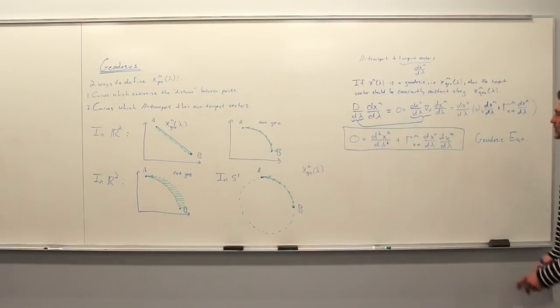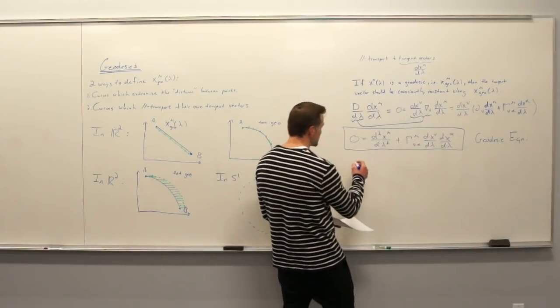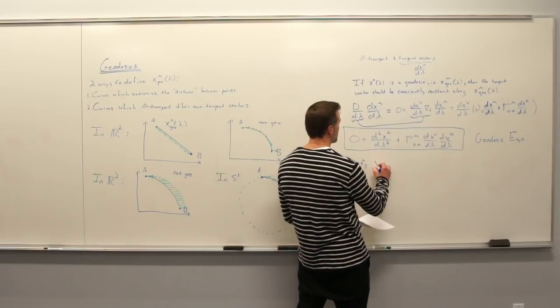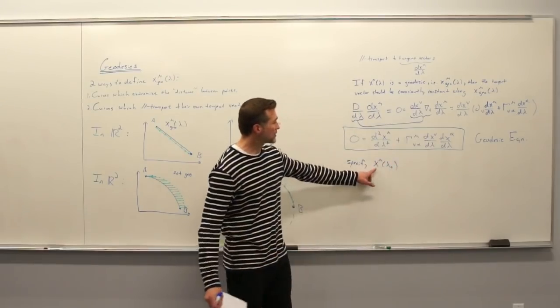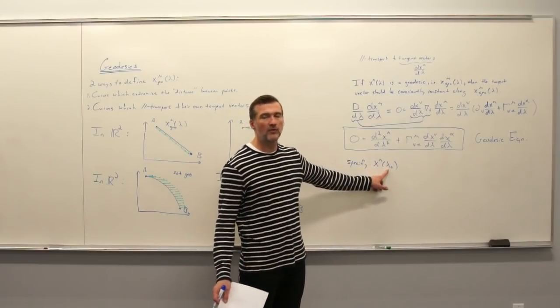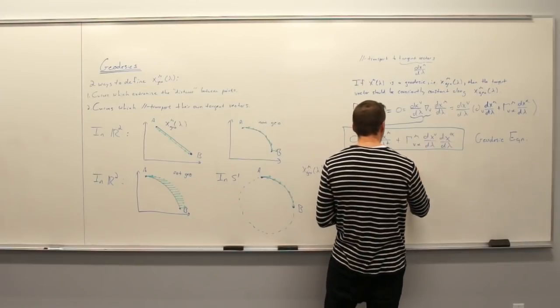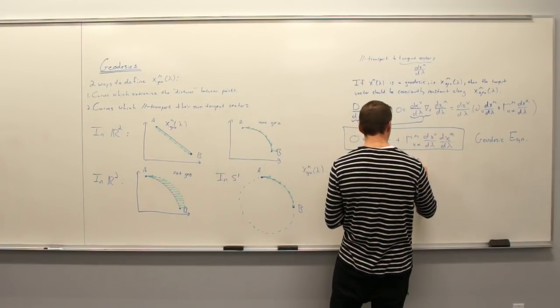There are two different ways that we tend to use this. One way that we use it is we specify an initial position. Say, where is your coordinate position at some initial parameter of the curve lambda naught? And then we can secondly specify your initial velocity.